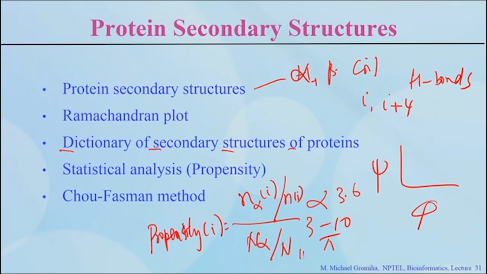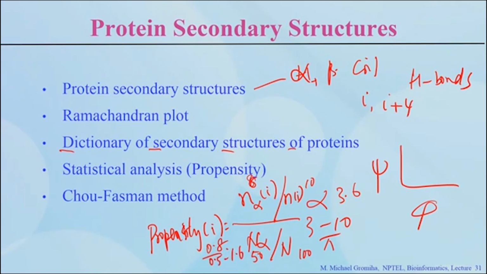There are 100 residues, and 50 residues are in helix. If there are 10 alanines and 8 are in helix, what is the propensity? 0.8 divided by 0.5, which equals 1.6.